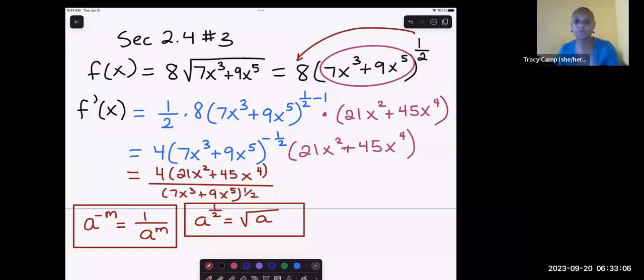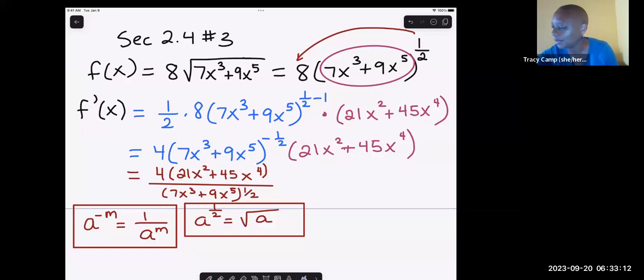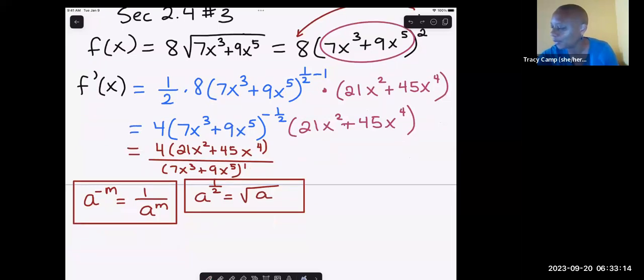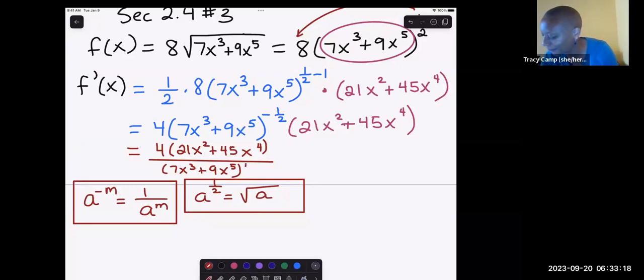So I make the exponent positive by just sticking it in the denominator. It doesn't really look like an exponent there, does it? Let's see if I can write it smaller. There, I think it looks more like an exponent there.